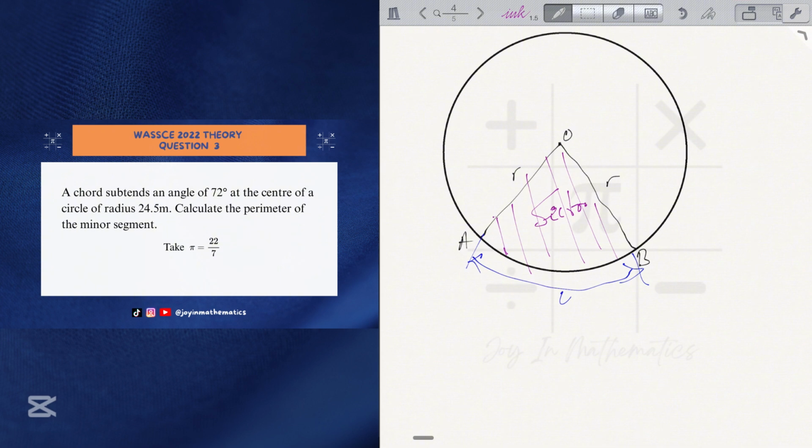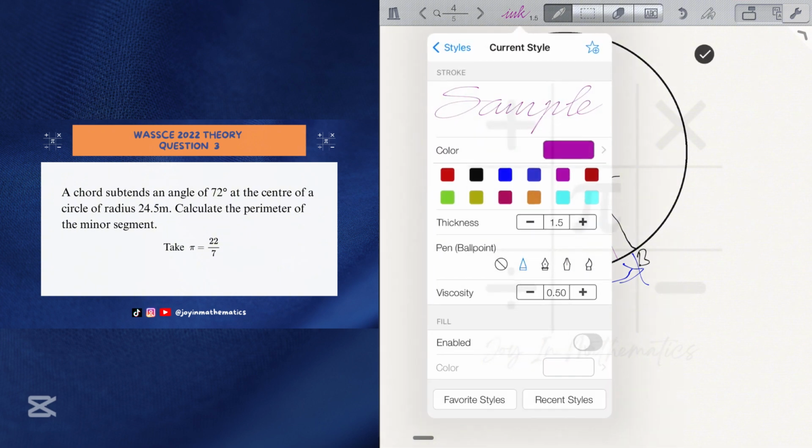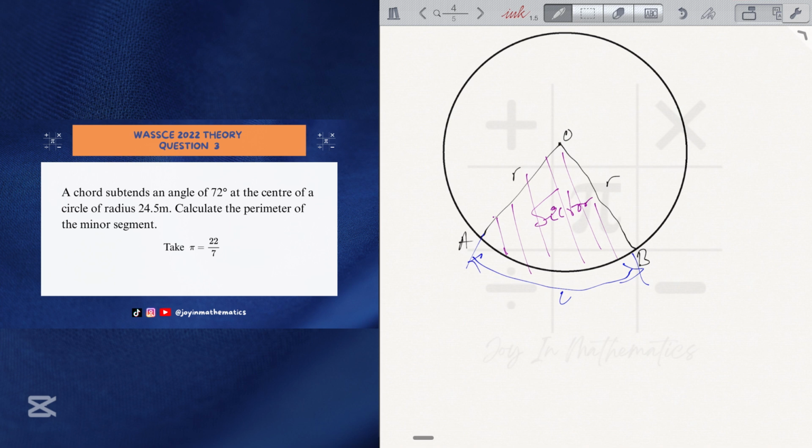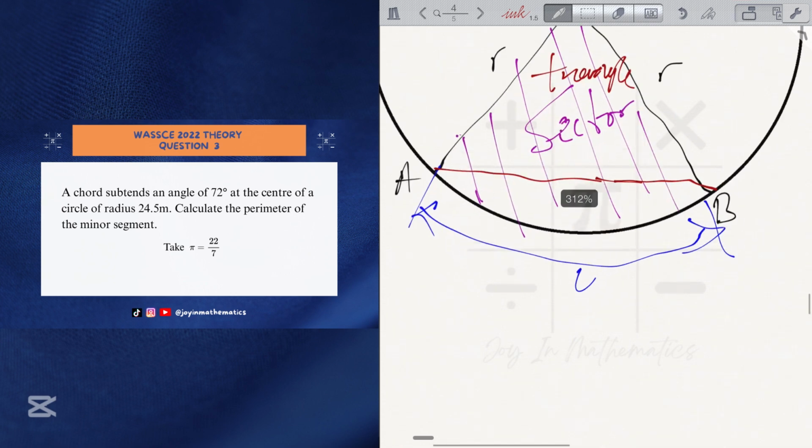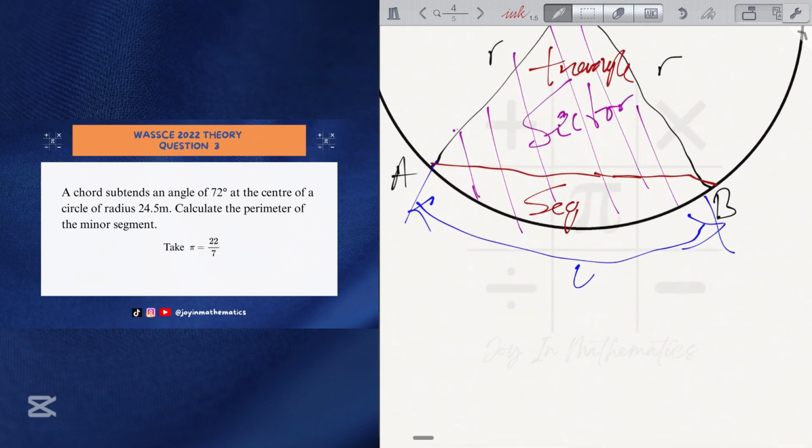Now the sector in itself has a triangle and a segment in it. If we join AB with the chord, this will be the triangle. So we have the triangle and we will also have the segment.